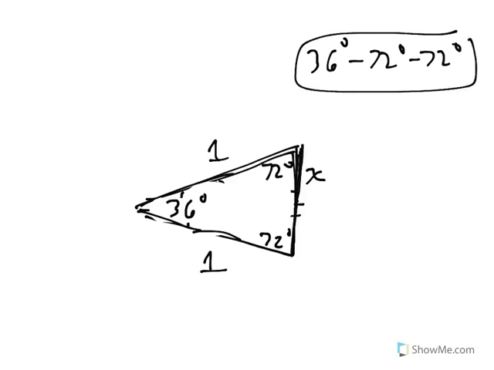It's an isosceles triangle, and it has a special property that no other isosceles triangle has, which is this.